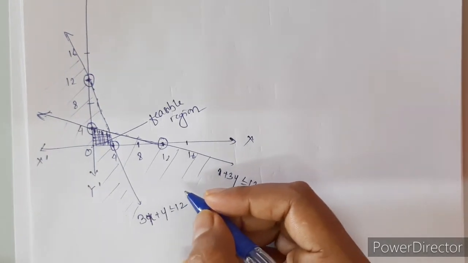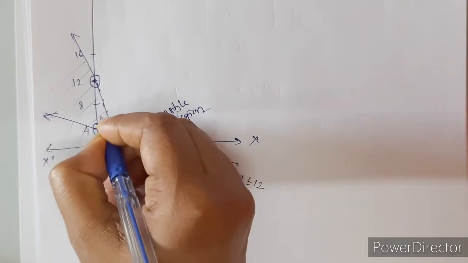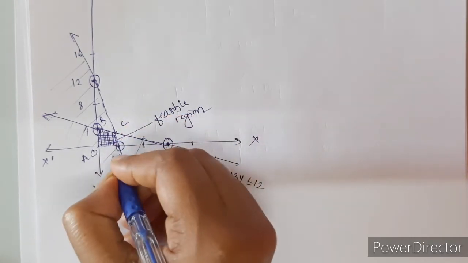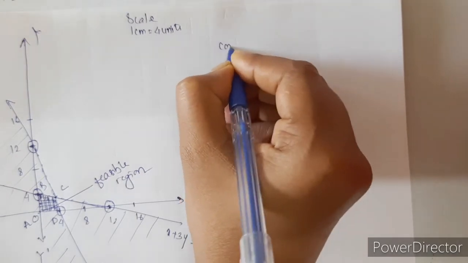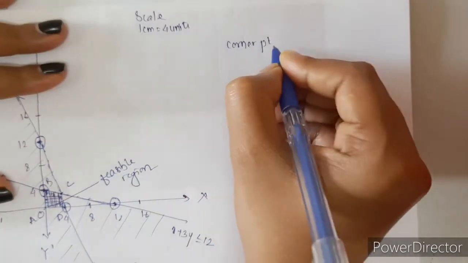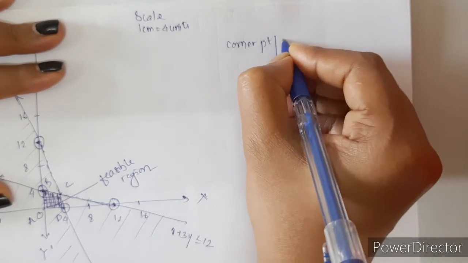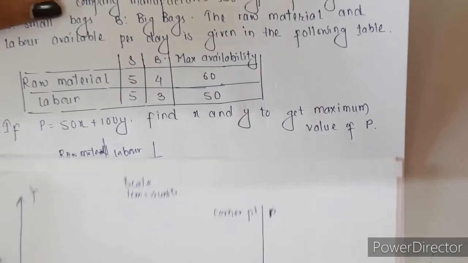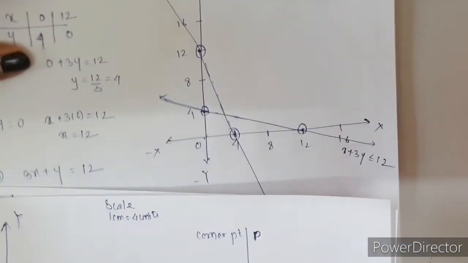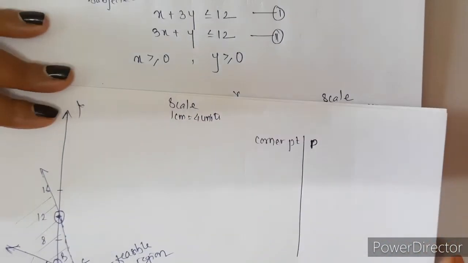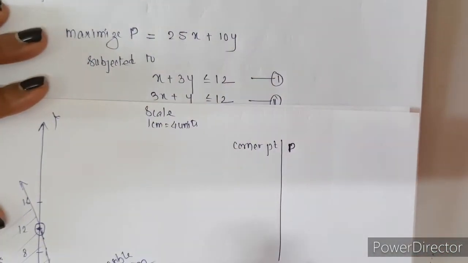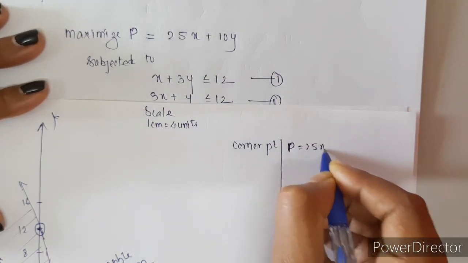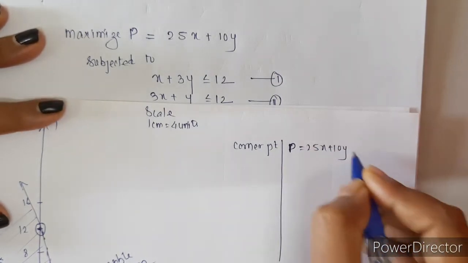Now we have to mark the corner points. So A, B, this intersecting point is C, and then this is D. Let's write the corner points. Then we need to find P. What is our P? Yeah, 25x plus 10y.